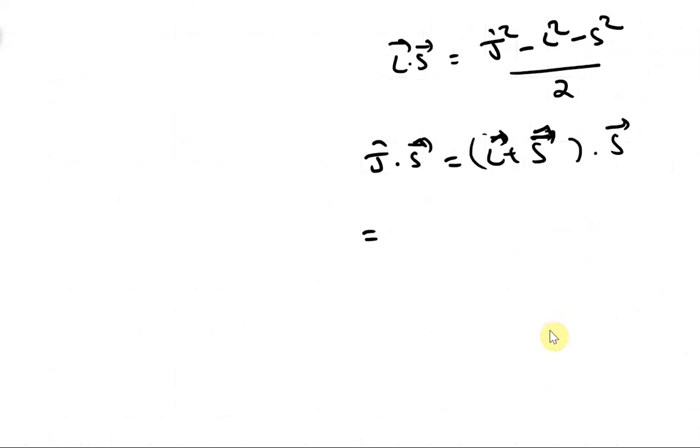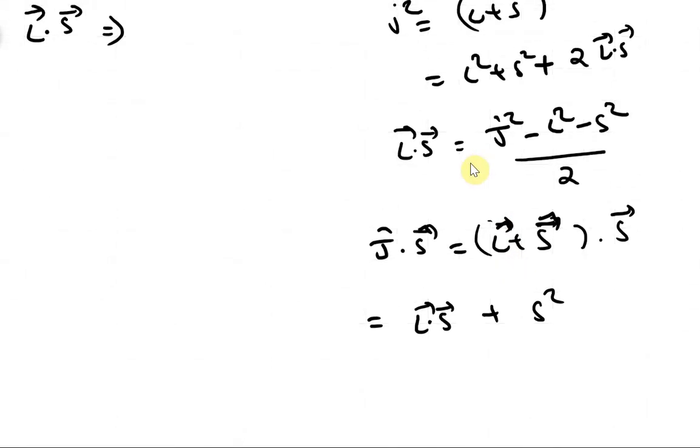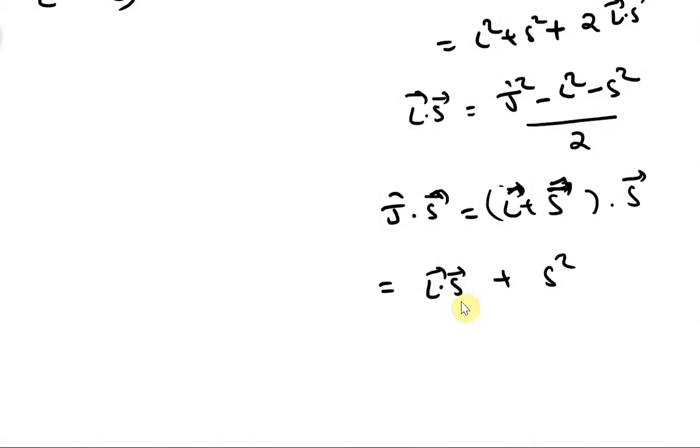Now what you have is one L·S term plus an S² term. L·S you have found here. You will also use this frequently, so better know the equation. In spectroscopy, it will be very useful to know this quantity at the beginning itself. So L·S is J² minus L² minus S² by 2, plus S².